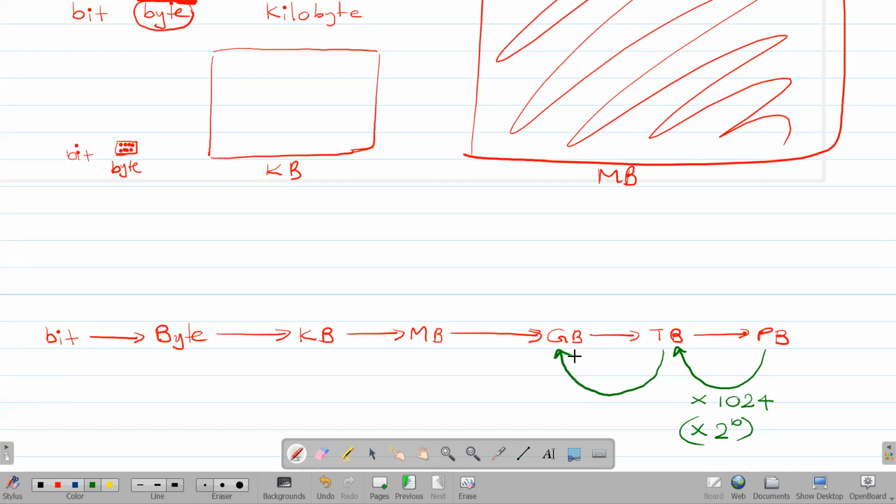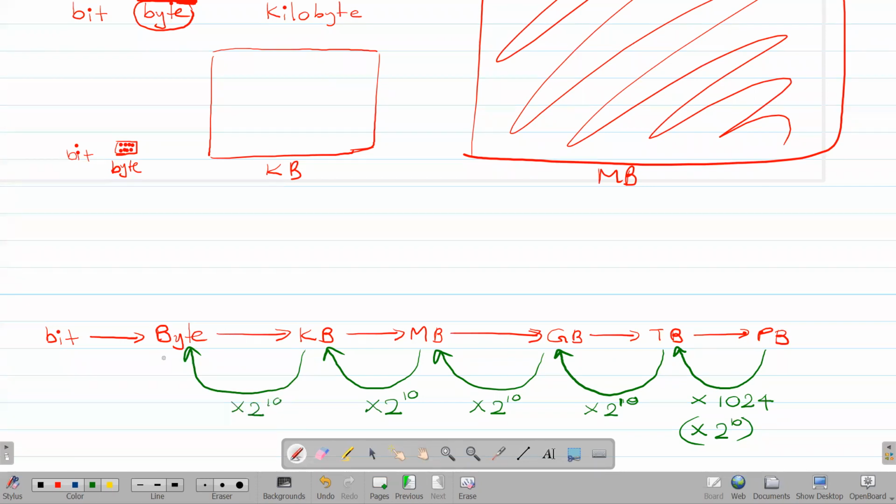Terabytes to gigabytes, again multiply by 2 to the power 10, because 1 terabyte has 1024 gigabytes. Gigabytes to megabytes, the same, 2 to the power 10. Megabytes to kilobytes, 2 to the power 10. Kilobytes to bytes, 2 to the power 10. And byte to bit, you multiply by 8, that means multiplying by 2 to the power 3.